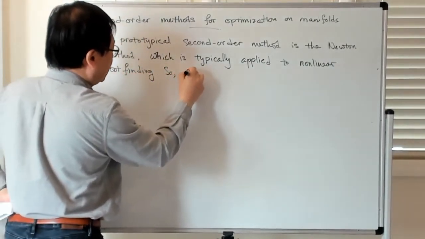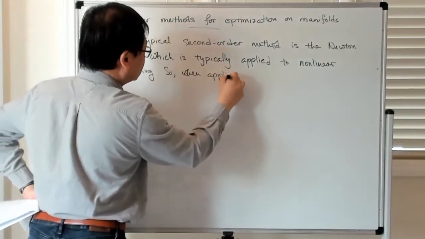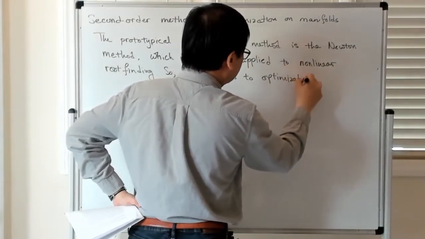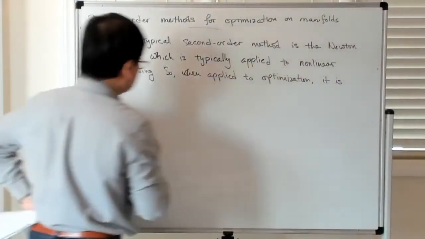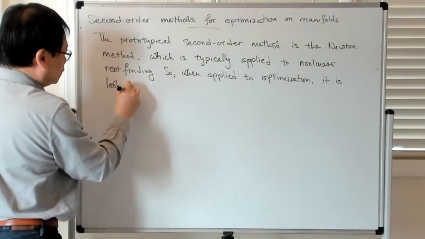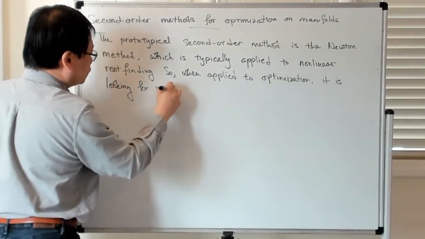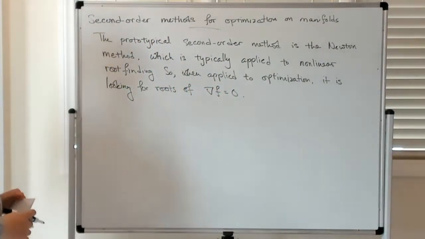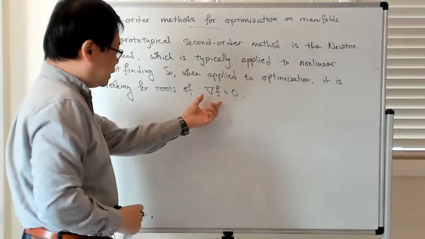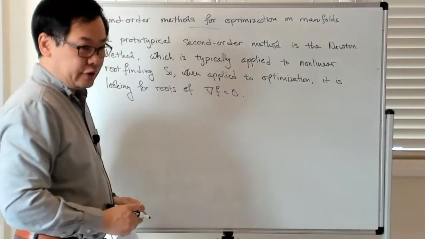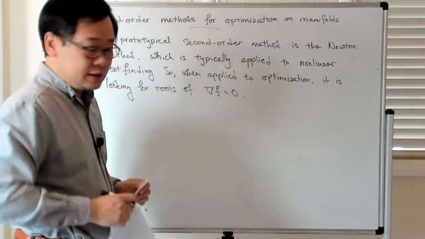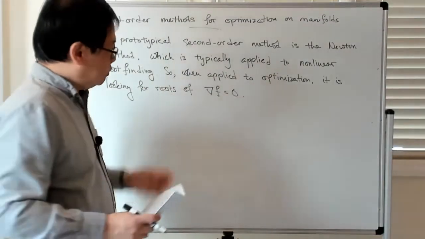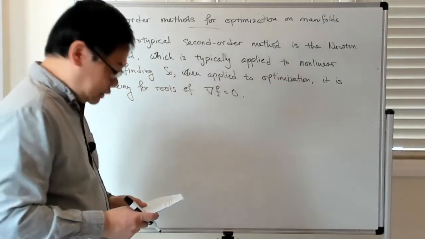When applied to optimization, it is looking for roots of the gradient of f equal to 0. That's the function you're trying to find the root of, and the Newton method requires you to take the derivative of that function in order to construct its search direction.